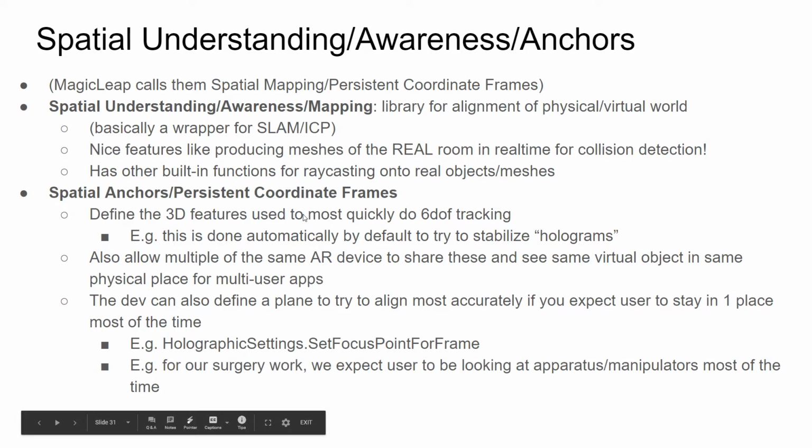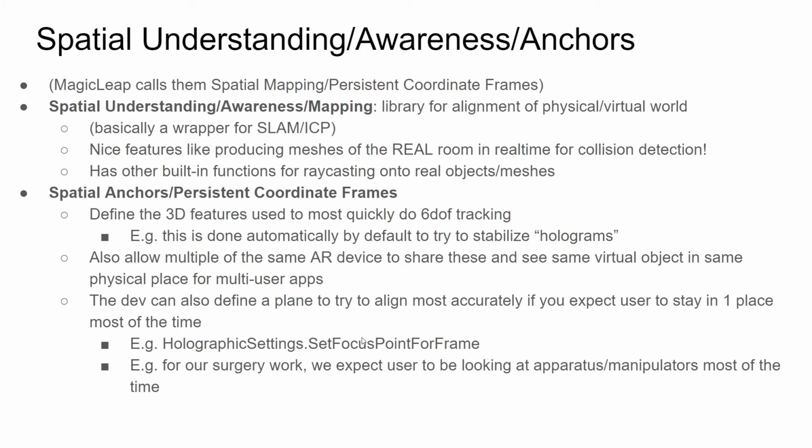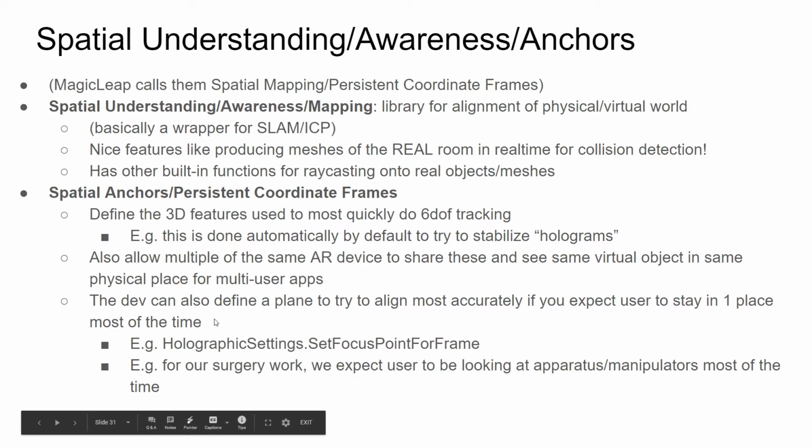An example is our surgery work that we're doing at UNC. We expect the user to be looking at the apparatus that they're doing the surgery on, so the fake body or the training apparatus or whatever. So we would use a spatial anchor to tell the HoloLens to do the best tracking when they're looking in that direction.